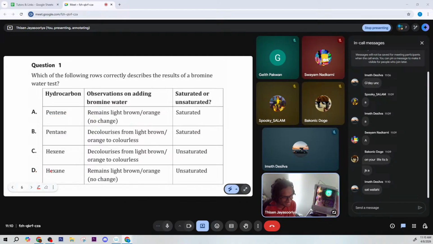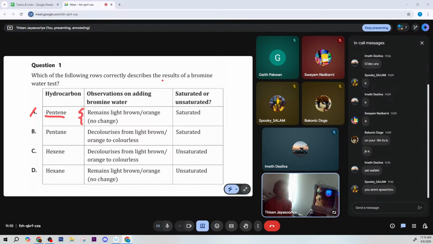Say why. Yeah. So here, it's not A. A wouldn't remain brown. Remember, this is an alkene. So the alkene will react with the bromine water, so it shouldn't remain colorless. Here, B decolorizes bromine from orange.